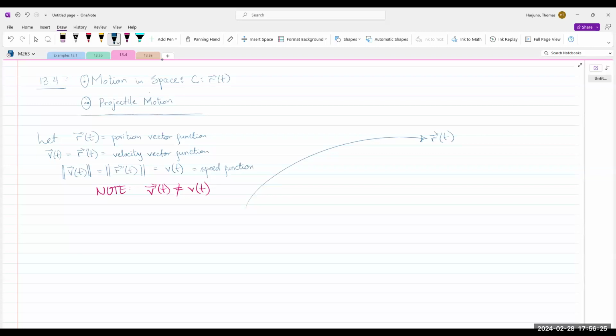It's a scalar, no direction. And then the next derivative of r prime(t) is called the acceleration vector function.